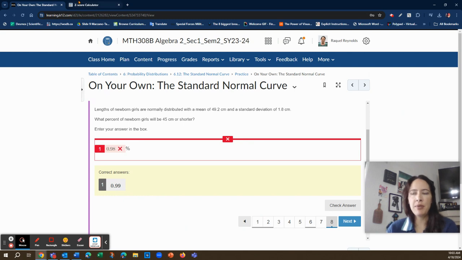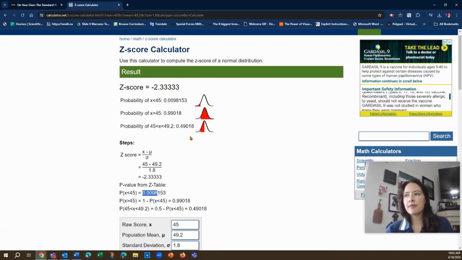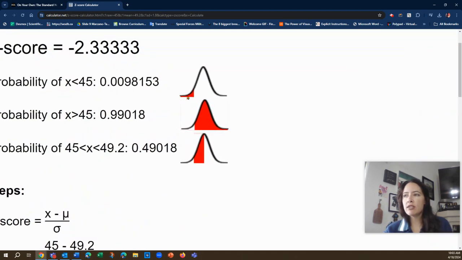If that happens, it's because this is actually more accurate than the table of values, as the table of values is rounded. Okay, cool. So that's it. And that's the probability: the area under the graph that a newborn baby girl would be born less than 45 centimeters. Right there, that little tiny bit of probability.